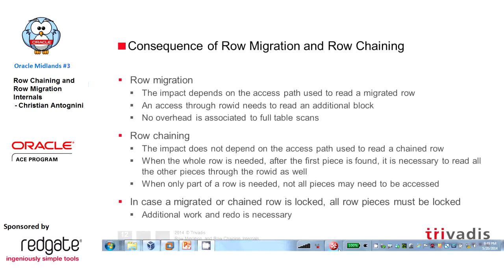So if you have the row over 4 blocks, it has to modify 4 blocks, take an ITL, and add the pointer from the row to the ITL. So depending on how many migrated or chained rows you have, it might be an important overhead, because it also generates undo and so on.